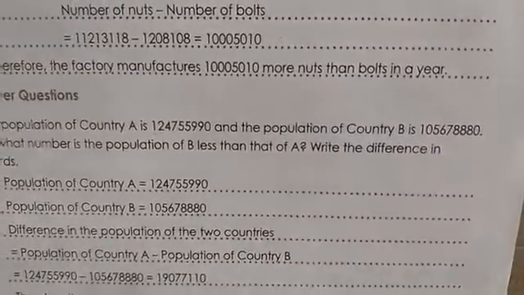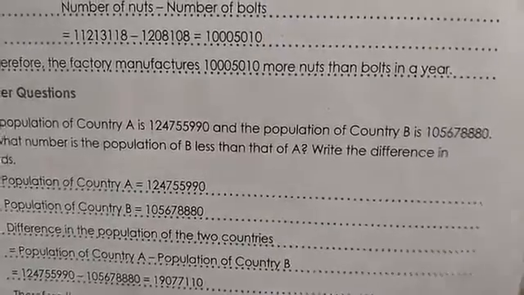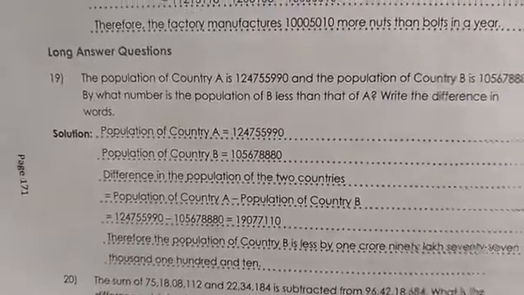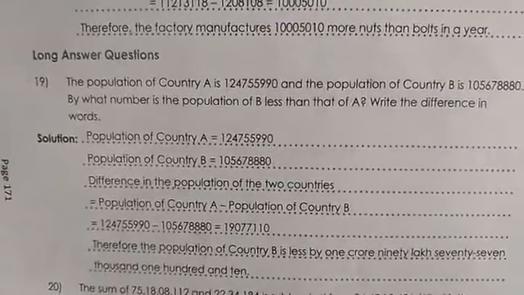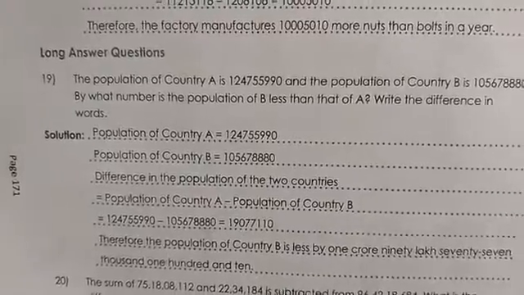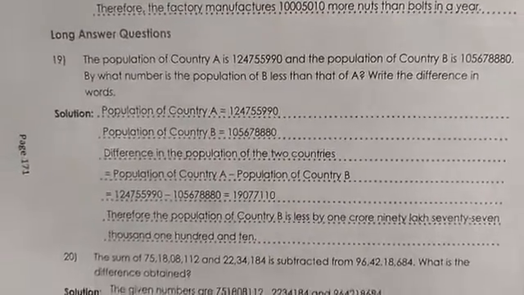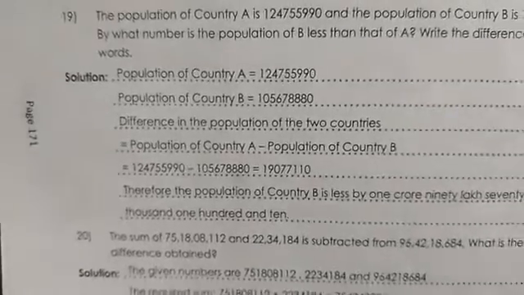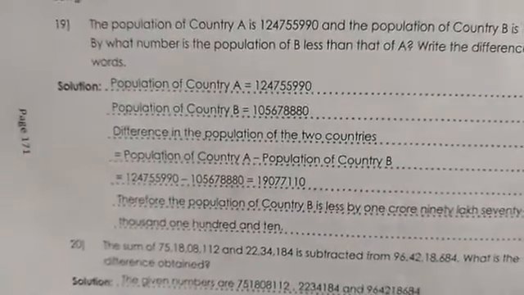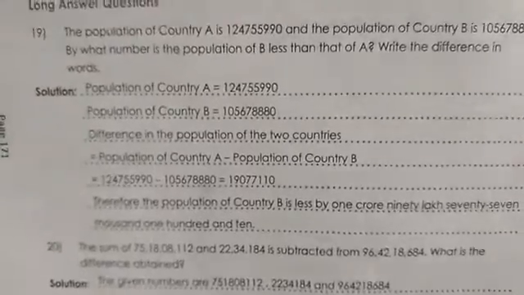And the population of country B is 10 crore 56 lakh 78,880. Now, by what number is the population of B less than that of A? Write the difference. We have to find the difference. So, what we have to do? Just we have to subtract the population of country B from the population of country A. Okay, children, this I will explain on the blackboard.